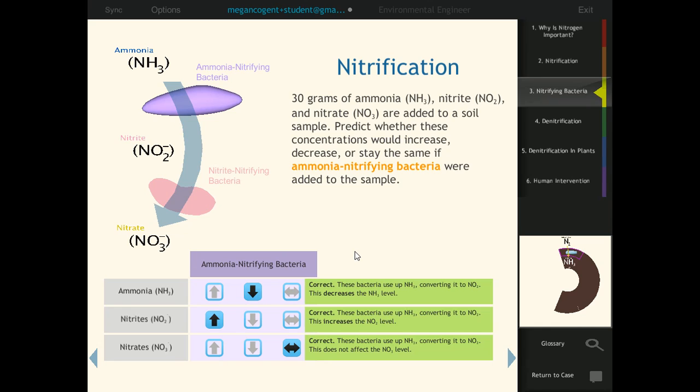The students had to predict whether these concentrations would increase, decrease, or stay the same if they added ammonia nitrifying bacteria to that sample. We have this little diagram here so they can understand what they're looking at. And down here at the bottom, they needed to pick: would ammonia increase, decrease, or stay the same if you added the ammonia nitrifying bacteria?